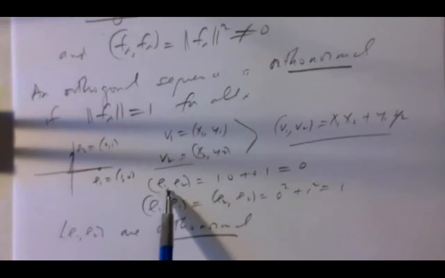Each has inner product with the other equal to 0, and the length of each is equal to 1. Any questions about this?